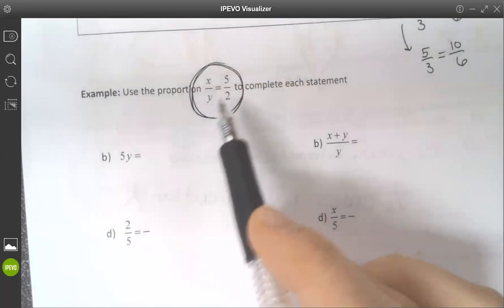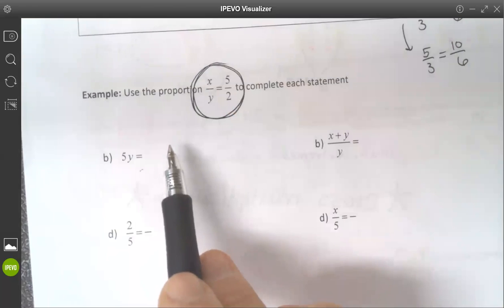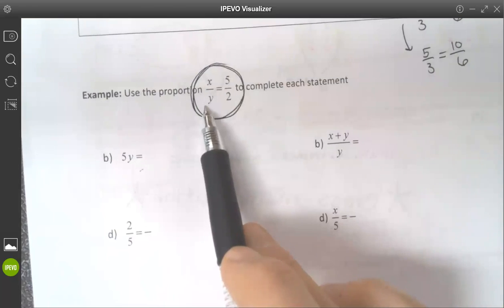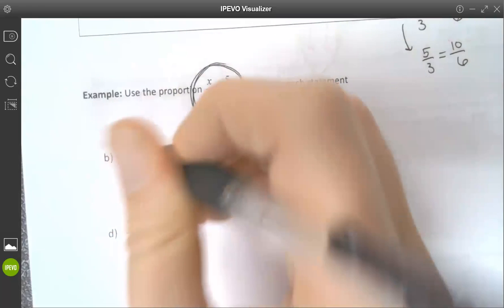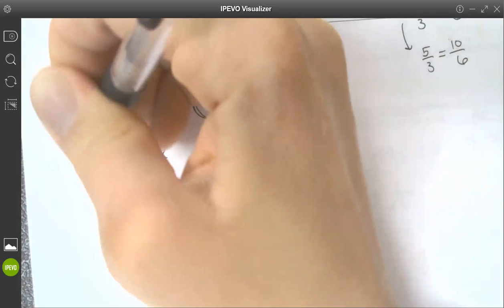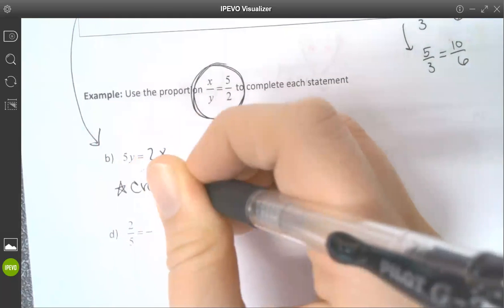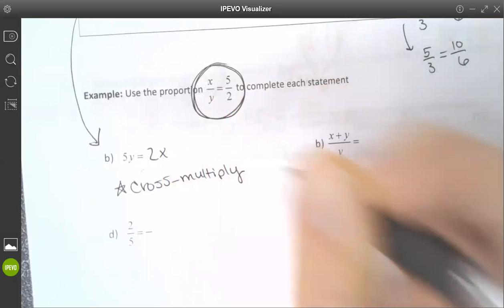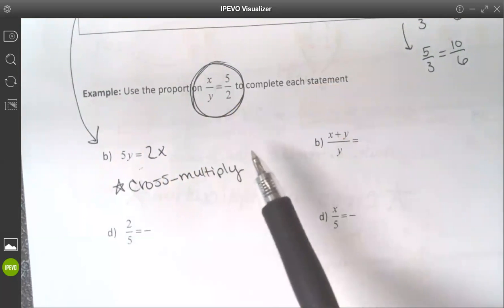What can I say that 5y is equal to? 5y would be equal to 2x. That is just my first property from up above. That's just cross multiplication. 5y must be equal to 2x.